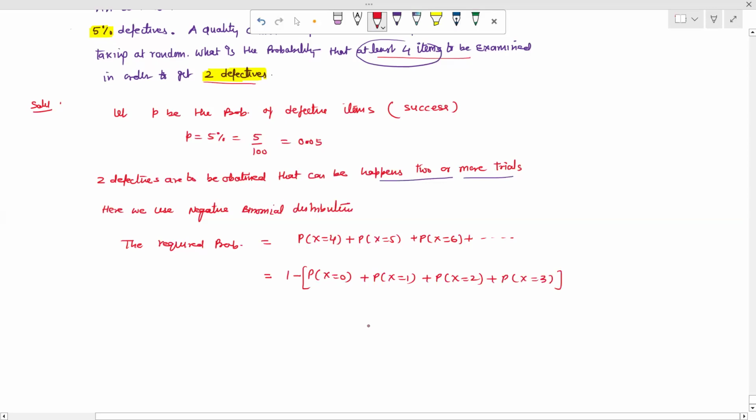Total probability is 1, so we do 1 minus this.